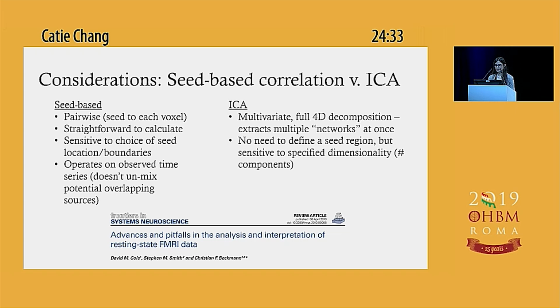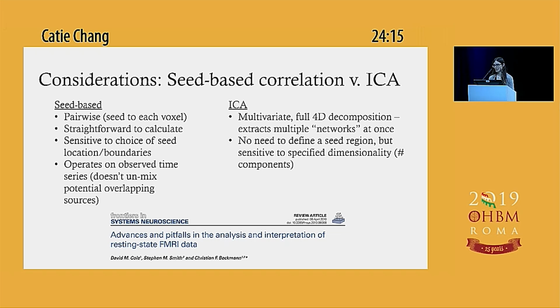And on the one hand, that's convenient because we don't need to choose our seed region specifically, but there are choices that we've already heard about that are going to influence the output we get from ICA, such as the dimensionality or how many components you want in your decomposition.